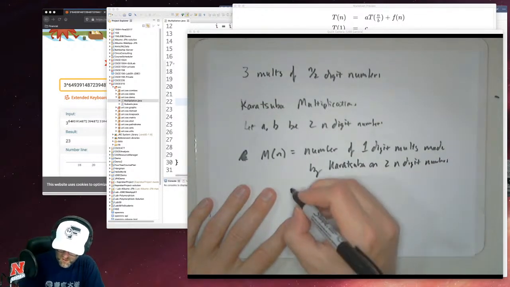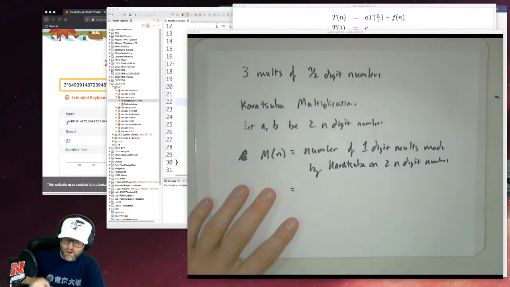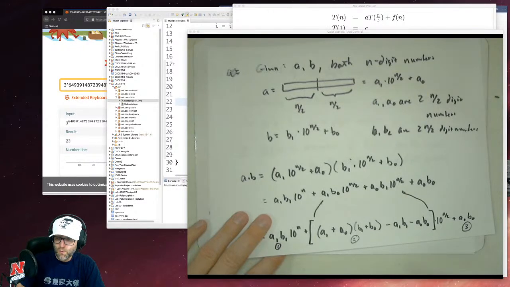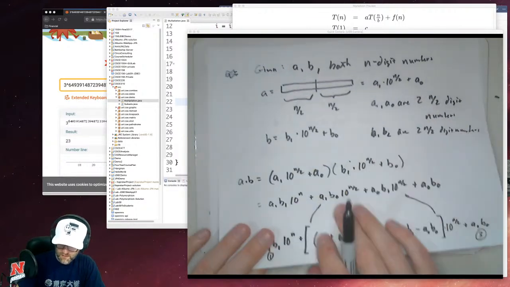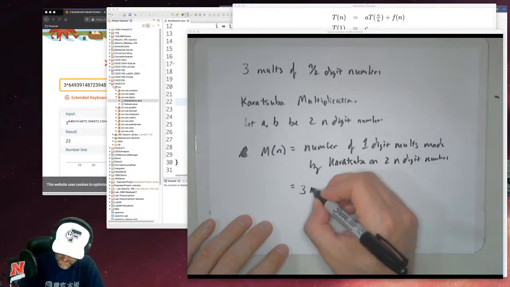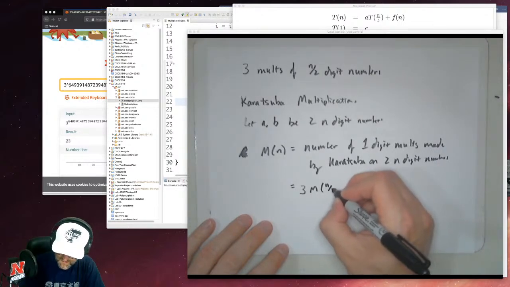Okay. To set up our recurrence here, remember that we end up doing 1, 2, 3 multiplications recursively, but they're each half as big. The number of digits has been cut in half, right? So that's going to be 3 multiplications, but on inputs that are half as big.